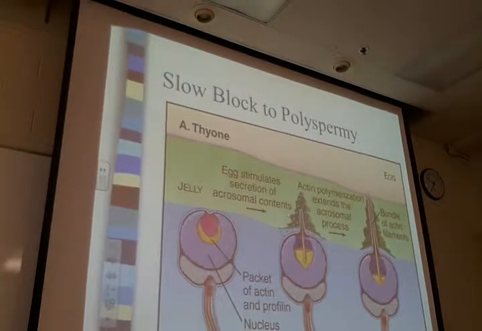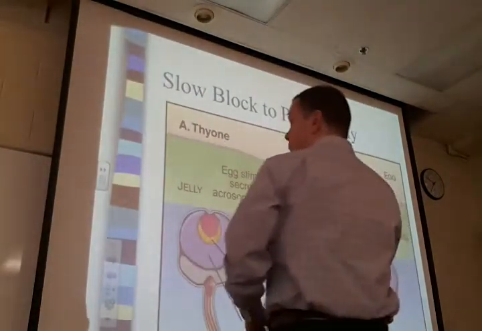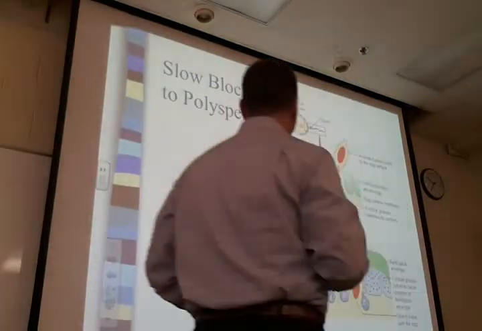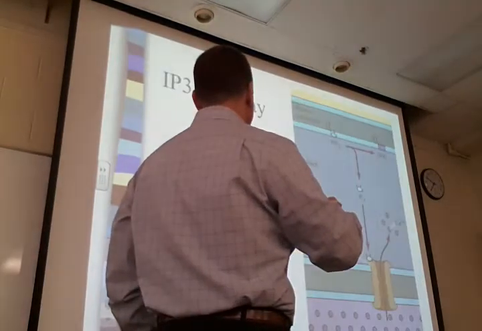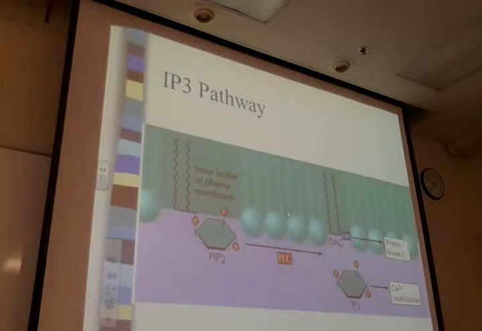Another part of this contact between, hopefully, the first sperm and the egg is also going to trigger this slow block to polyspermy. And this is what happens later. Okay, so if we go back a couple of slides here. This is jumping ahead of the story, but the same initial kinds of events occur.